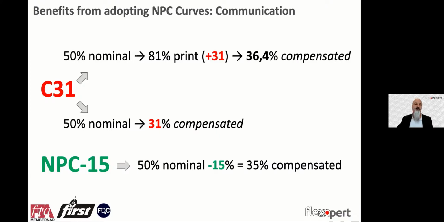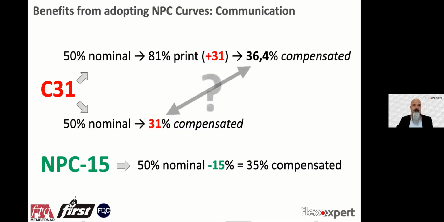A typical example is in naming of the curves. A C31 curve, according to different workflow systems, could be a 50% nominal that prints 81, so it takes plus 31 and it gets compensated to 36.4.